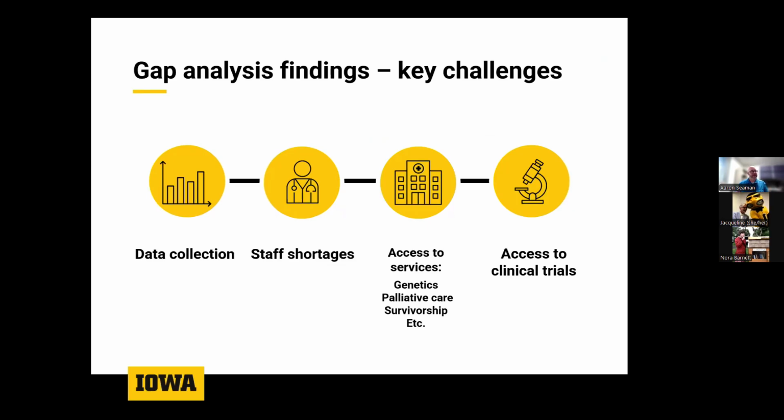We've seen a lot of variation and turnover in staff, which has greatly impacted different cancer programs' ability to participate at different points. Access to services like genetics, palliative care, and survivorship really varied across programs. And then access to clinical trials.